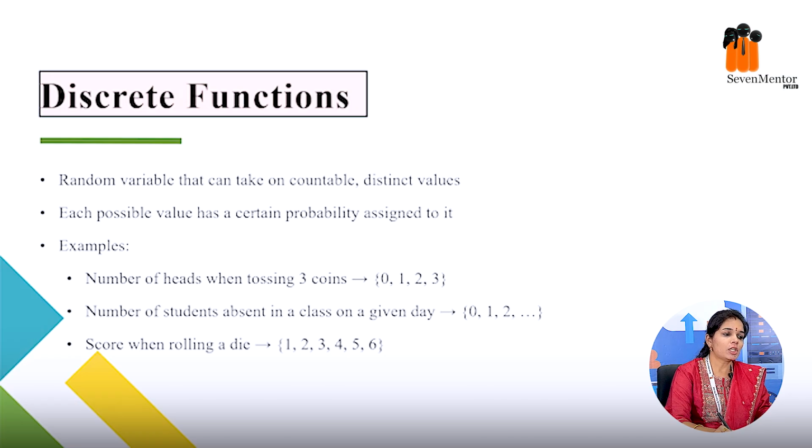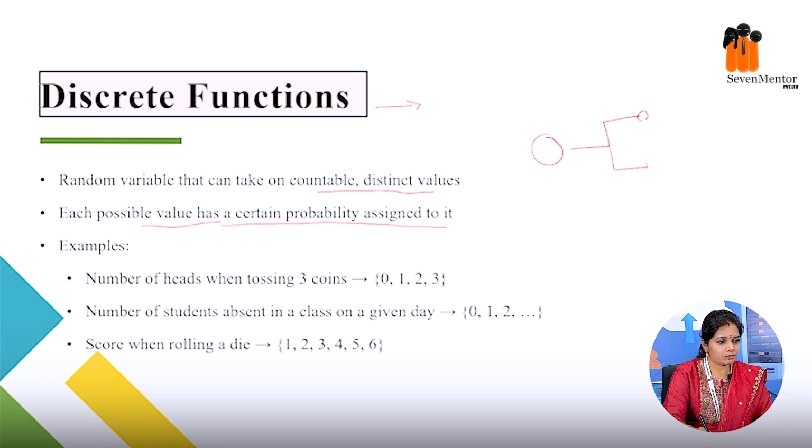Discrete functions. As we now know what a discrete random variable or discrete function will give us, what kind of values they will have: they are countable distinct values. Each possible value has a certain probability assigned to it. Just now I gave you the example of dog and cat.